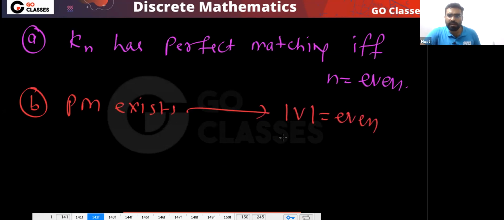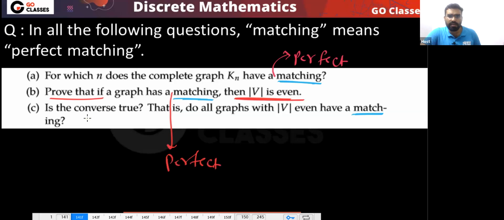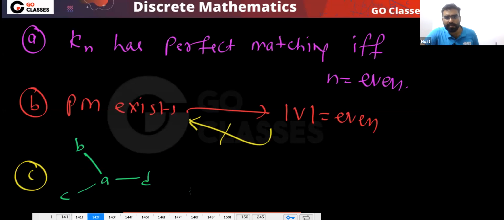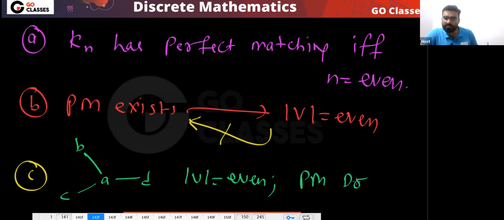We have already seen this: if a perfect matching exists, then the number of vertices will be even. But an even number of vertices does not imply a perfect matching. Next, is the converse true? No, the converse is not true. For option C, you can take, for example, A, B, C, D. Here you can notice the number of vertices is even, but a perfect matching does not exist.